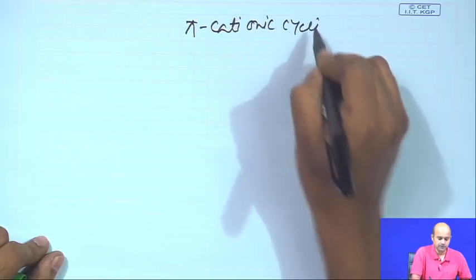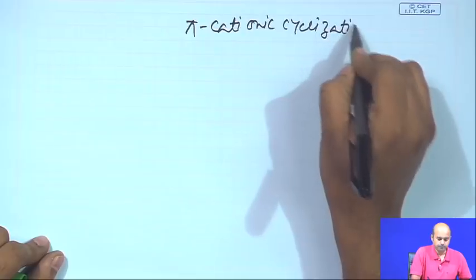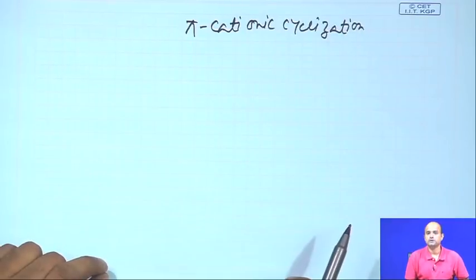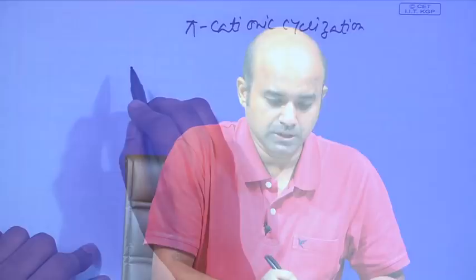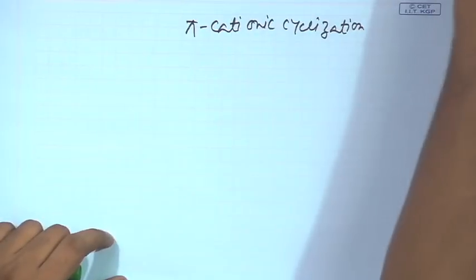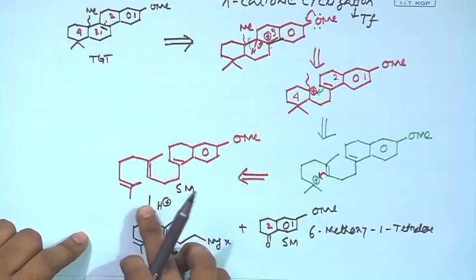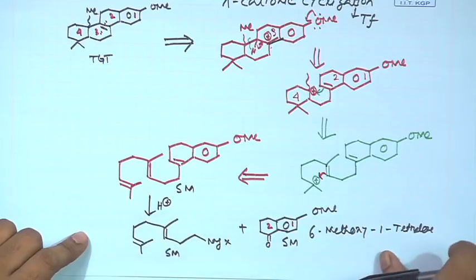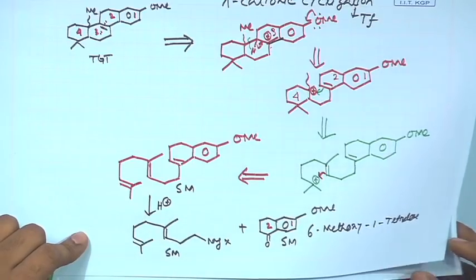The cyclization takes place in one pot. No need to isolate any intermediate. You just subject the initial starting material, which was drawn in the earlier slide, to mineral acid and keep on doing this reaction.